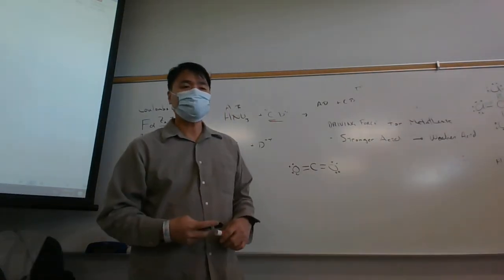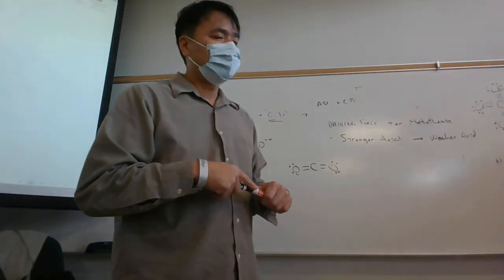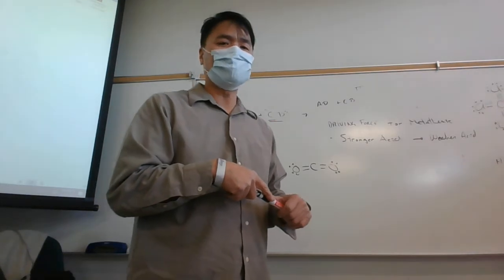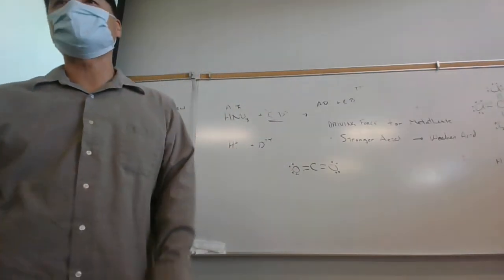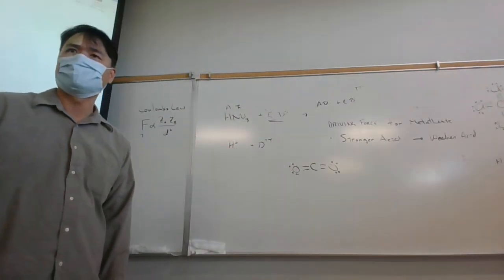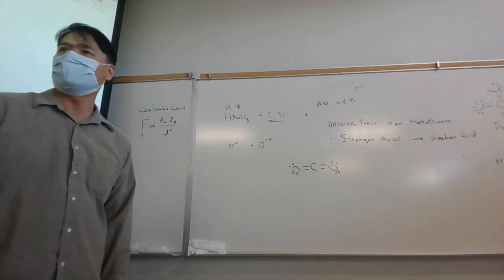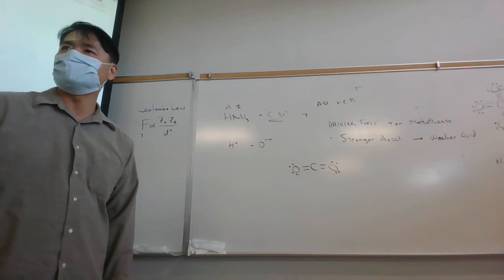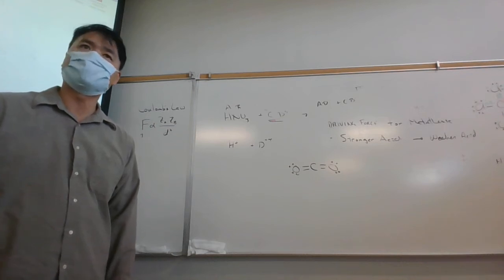Well, I guess that's one way of looking at it, but there's another way. The other way is what makes a good oxidizer from yesterday. What makes a good oxidizer? Like fluorine's a great oxidizer. It's electron poor.